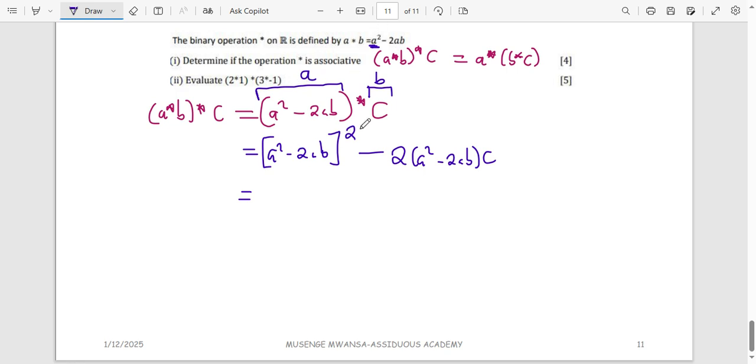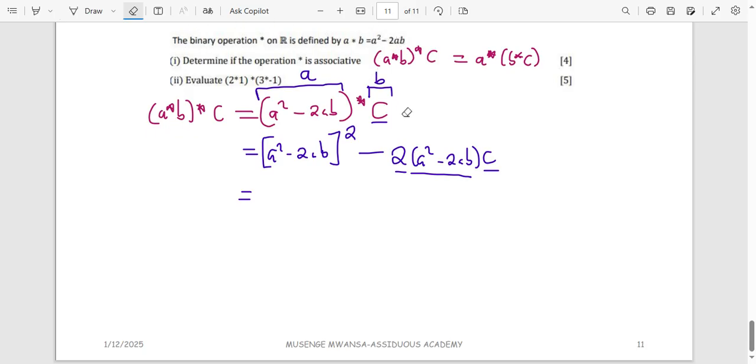That's why I've put this in brackets. And then supposed to subtract 2, so I've subtracted and then a 2 here. And then a, but remember, our a is a squared minus 2ab. That's the one that I've written there. And then our b is being represented by c. That's our second term. Does that make sense?